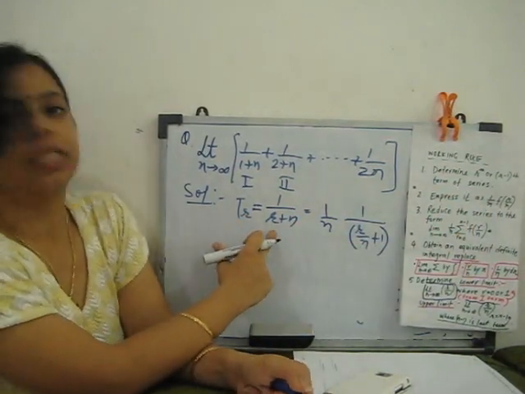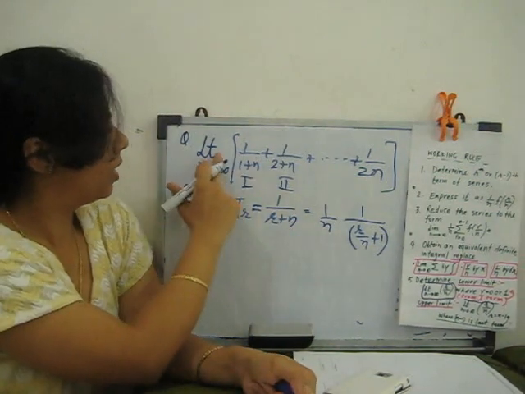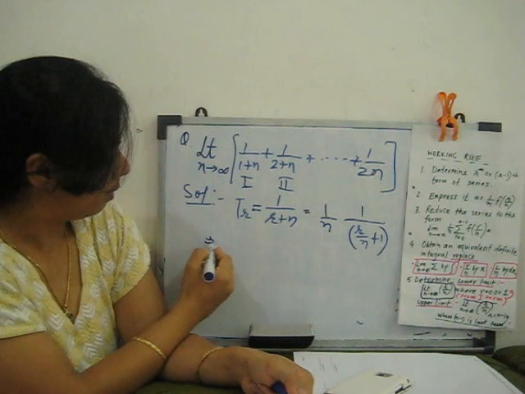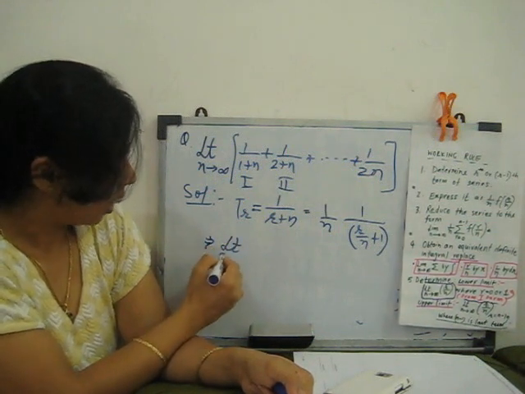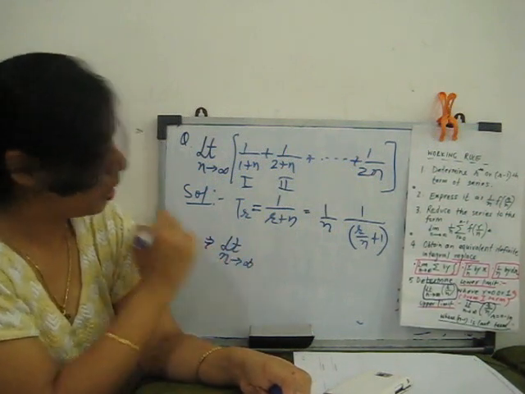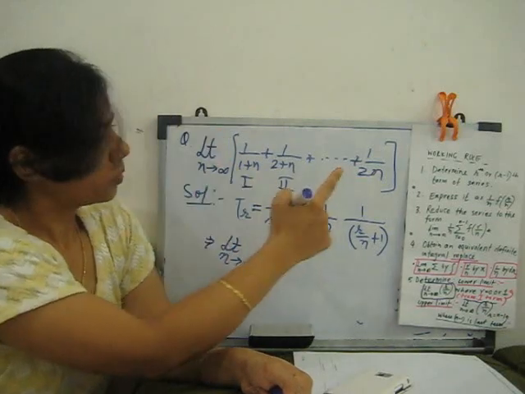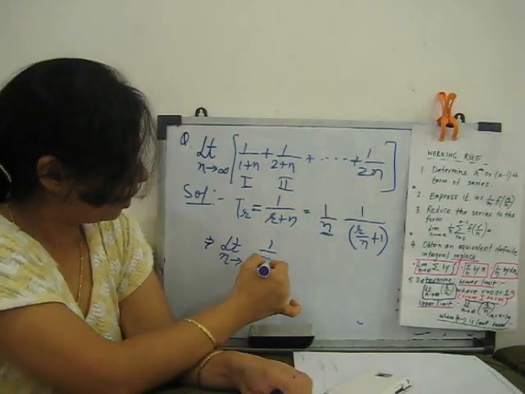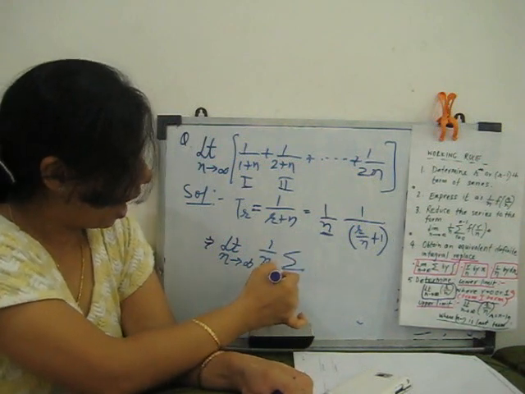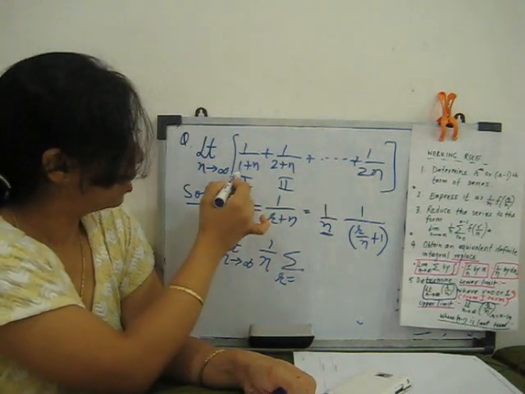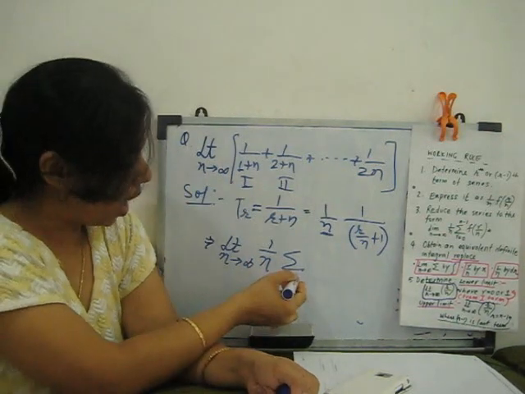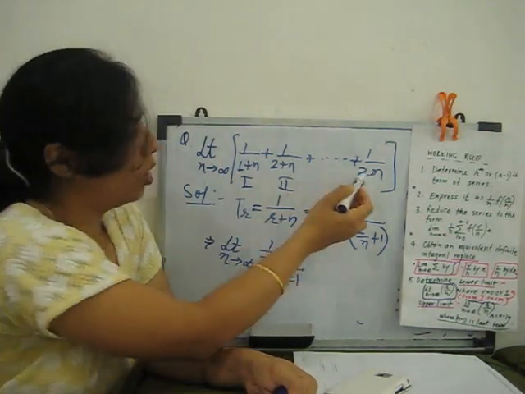So now this is the general term. We have to write this in summation format. So our series is given by limit n tends to infinity of 1 by n summation of r. In the first term r is 1, so r is going from 1 to the last term.